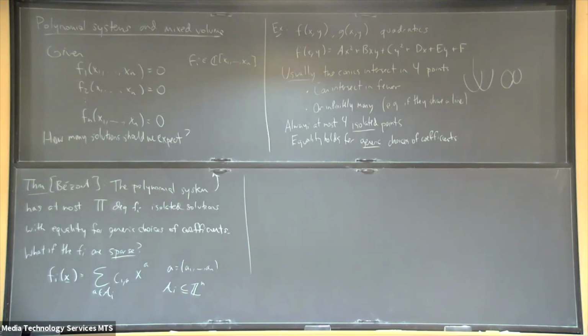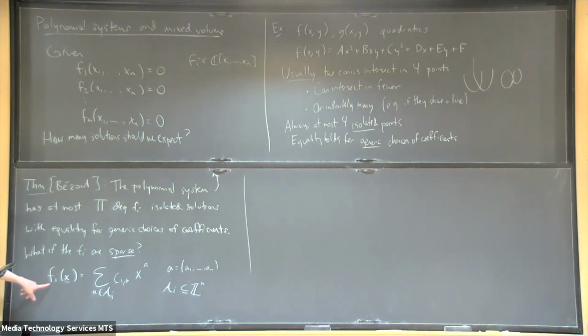But I'm actually going to also allow Laurent polynomials, which is not going to make a big difference because we're going to count solutions where all of the coordinates are non-zero anyway. Even if I have negative exponents, I can just multiply through to get rid of those without changing the number of non-zero solutions.